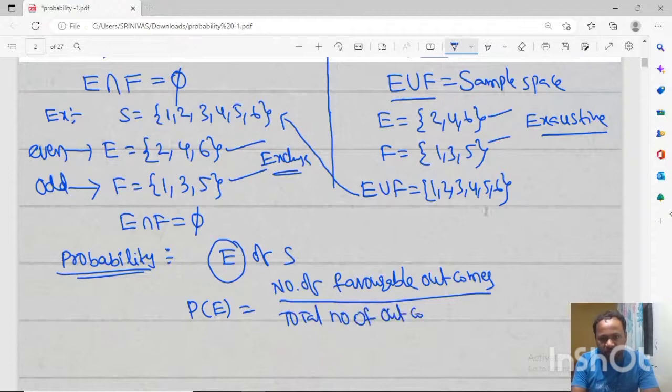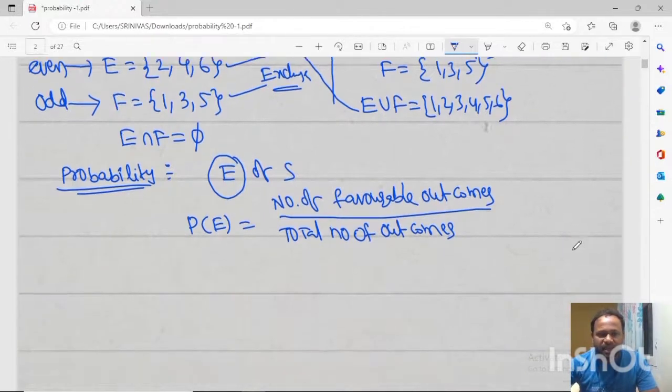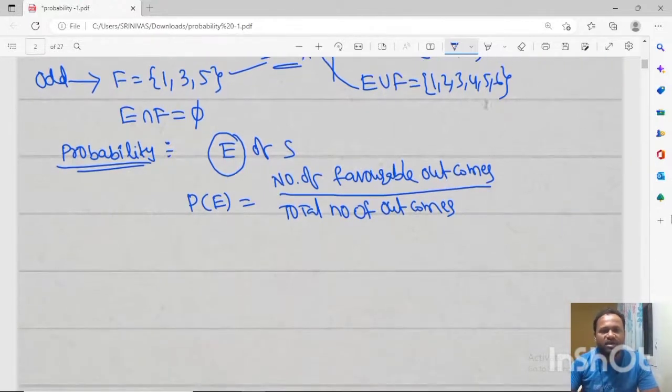The probability of an event is the number of favorable outcomes divided by the total number of outcomes.